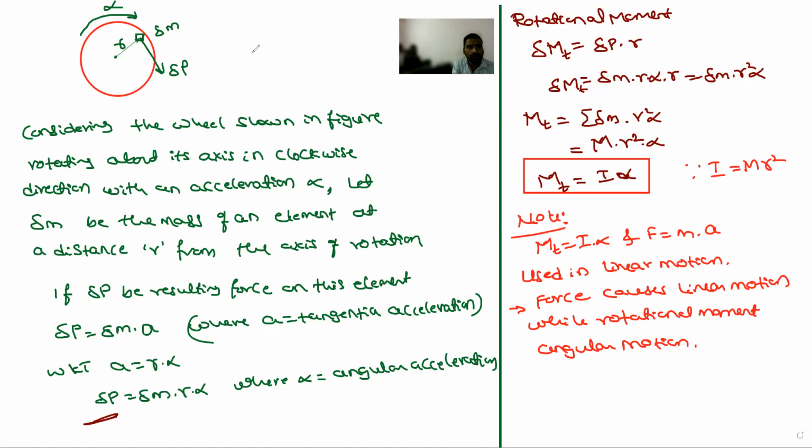See, look at the figure first. So the object is rotating with an angular acceleration alpha. It is a rigid wheel, rotating like this with an acceleration alpha.